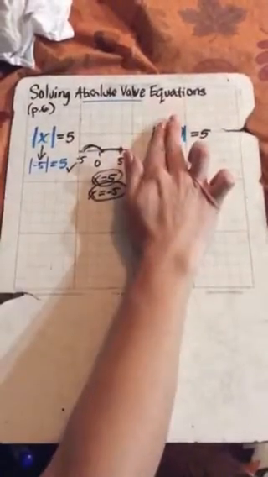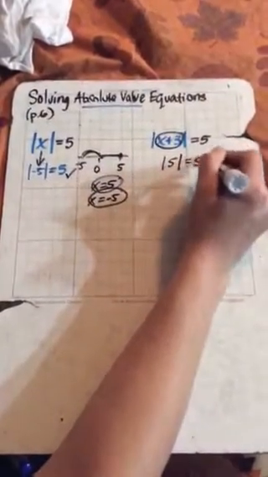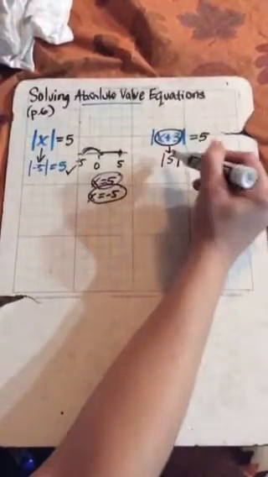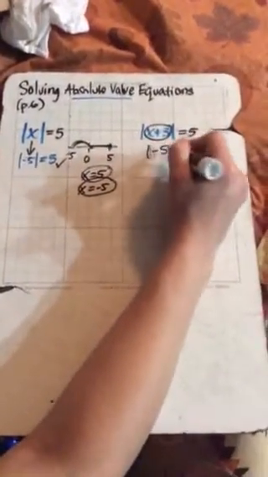If all of this was 5, then we would have the absolute value of 5, and that would be true. The distance from 5 to 0 is 5. Or if all of this was equal to -5, that would also be true. The distance from -5 to 0 is also 5.